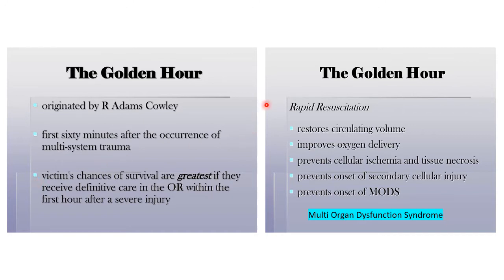The main thing that takes place during this golden hour is the rapid resuscitation of the patient: restoring circulating volume, improving oxygen delivery, preventing cellular ischemia and tissue necrosis, preventing the onset of secondary cellular injury, and preventing the onset of multi-organ disease.